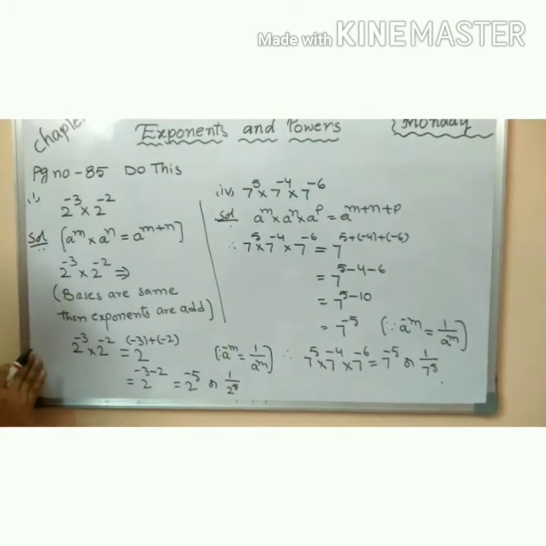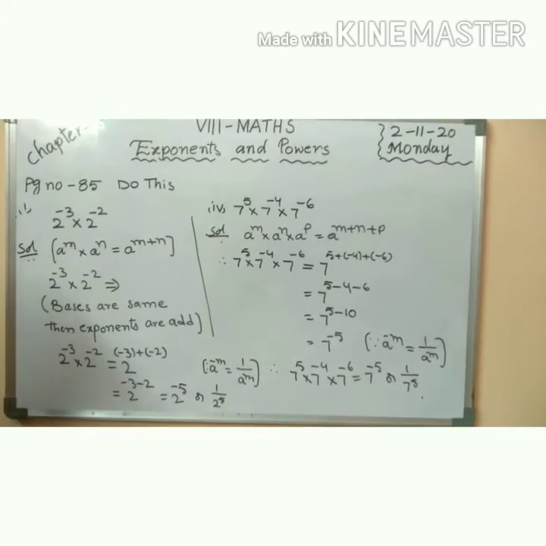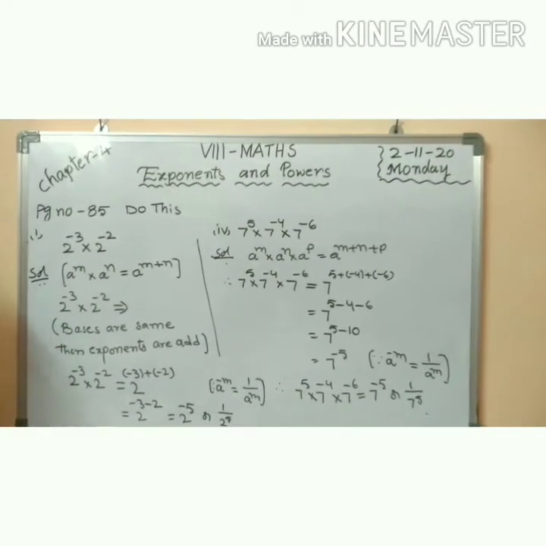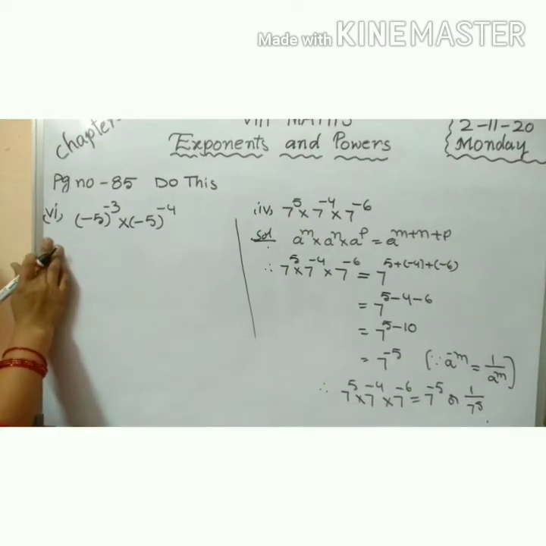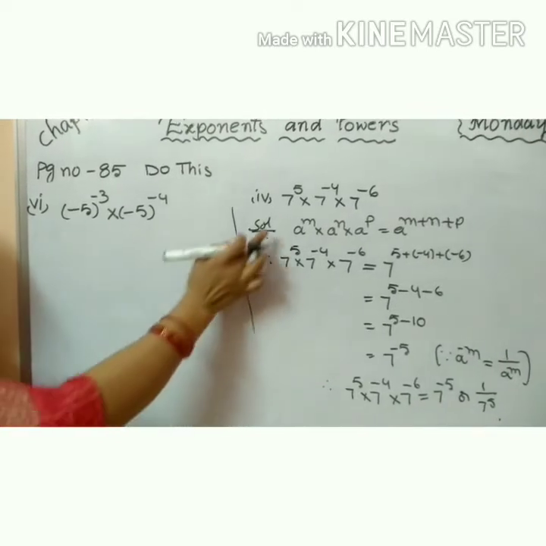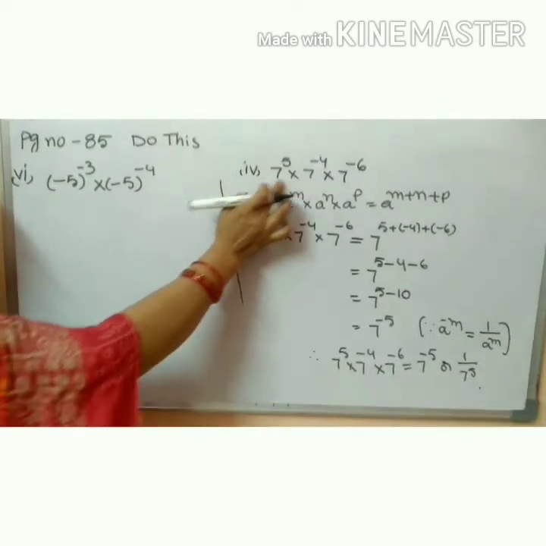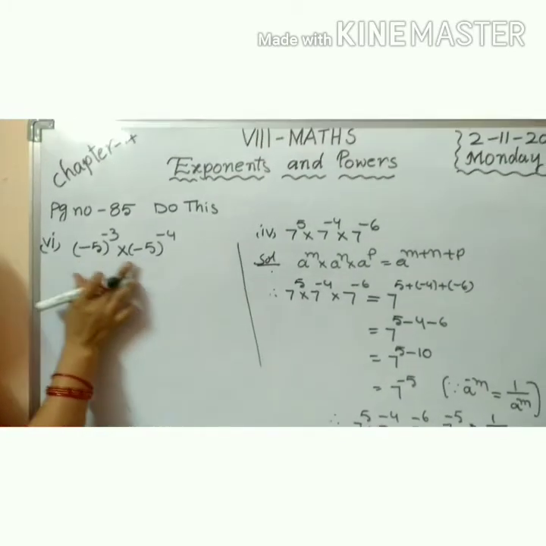Okay children. Then in this page number 85, do the remaining problems as homework. Okay. So this sixth problem has some difficulty. Observe that in all the other problems the bases are positive numbers, but here in this case negative numbers are given.